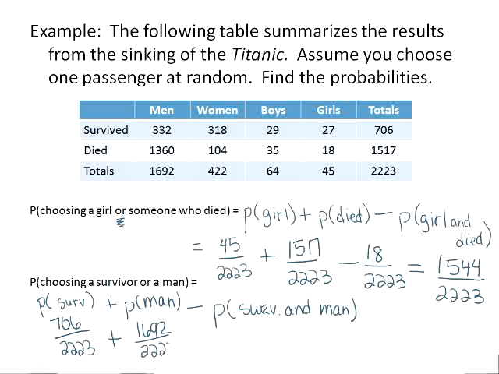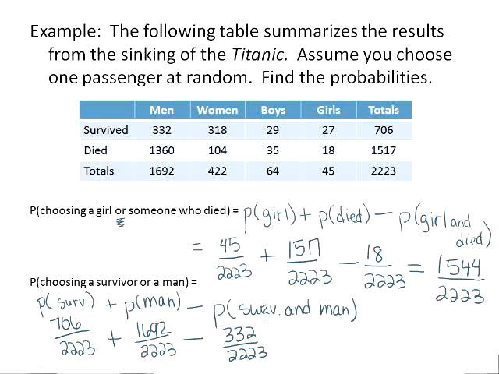And then how many people have we counted twice? We'll look at the overlap between the survivor row and the man column, and that's 332 divided by 2223. Right, I apologize, I said that incorrectly.